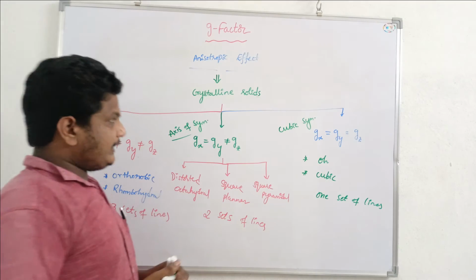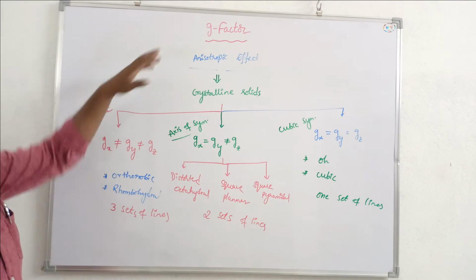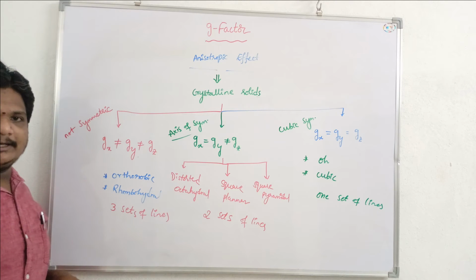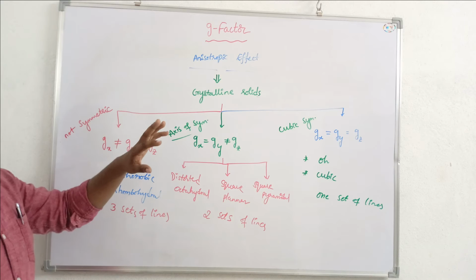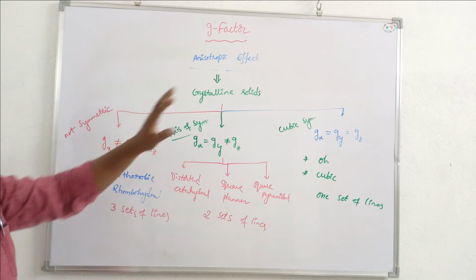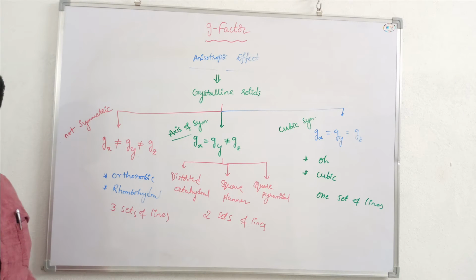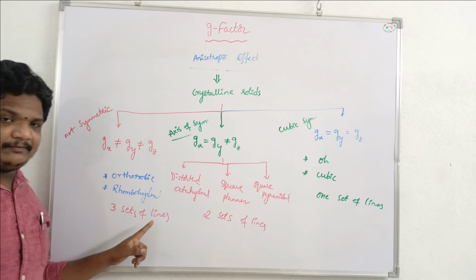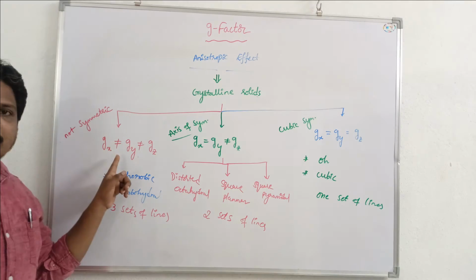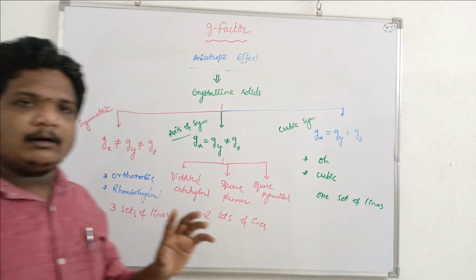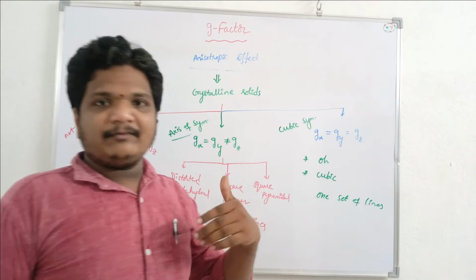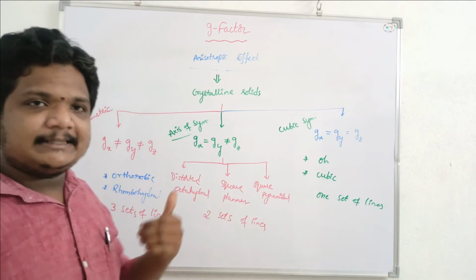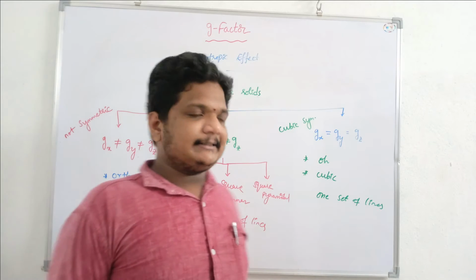So in this way, in the case of the anisotropic effect exhibited by crystalline solids, we have three kinds of situations. One is non-symmetric molecules. They have three sets of lines. They have different g values along the x-axis, y-axis and z-axis, because they have different electron densities along x, y and z.